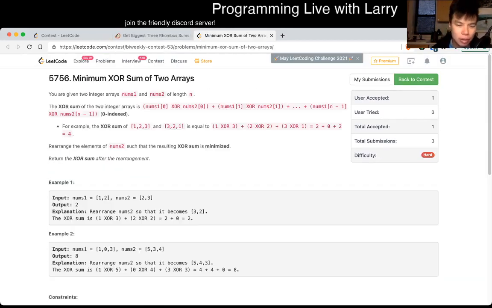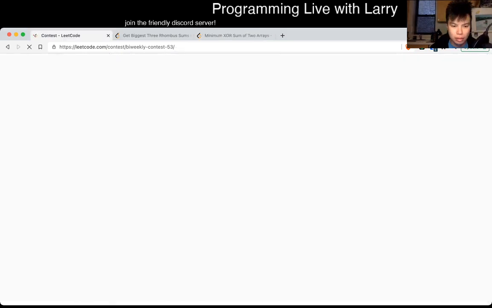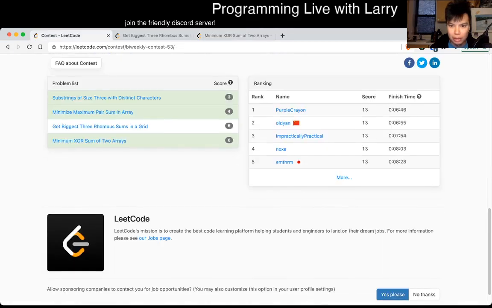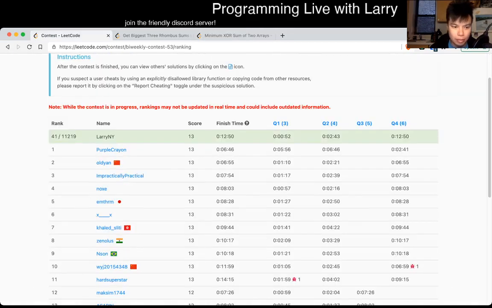The other one looks more... Yeah, that one's pretty easy. I should have done that one much faster actually. 2 minutes sounds right. I did it in about 2 minutes.